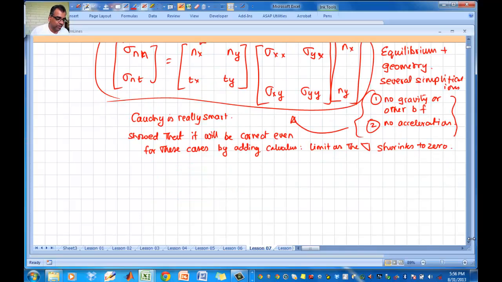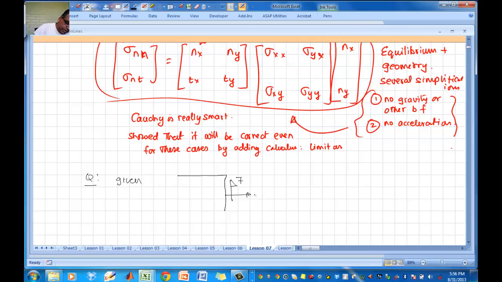Okay, so the question is, how do you use it? So imagine the following question. Given the stress matrix 8 megapascals, 7 megapascals, 7 megapascals, 4 megapascals, find sigma nn and sigma nt at 30 degrees to the x-axis.